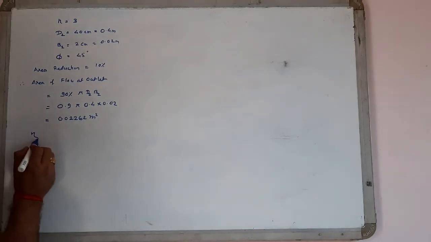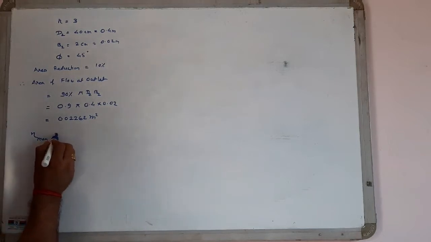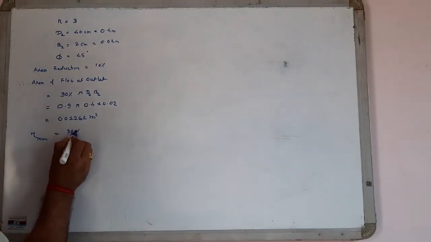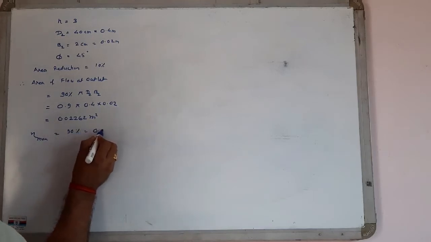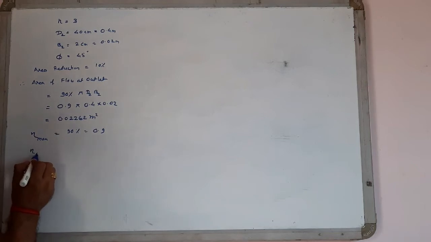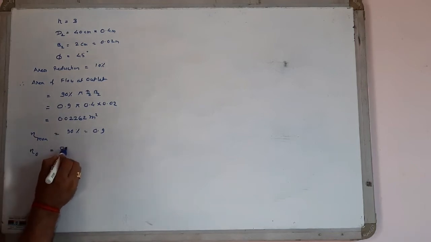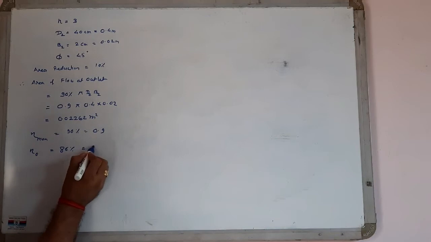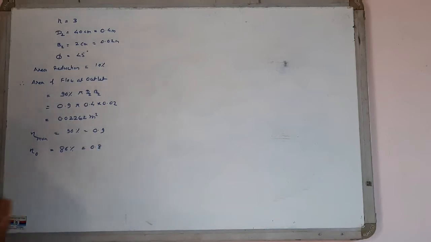Manometric efficiency, eta manometric is given as 90%, that is 0.9, and eta overall is given 80%, that is 0.8.